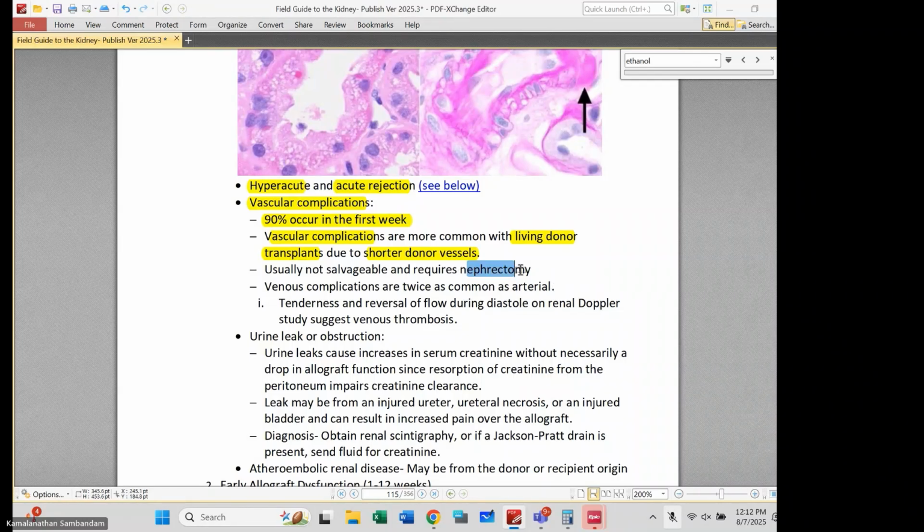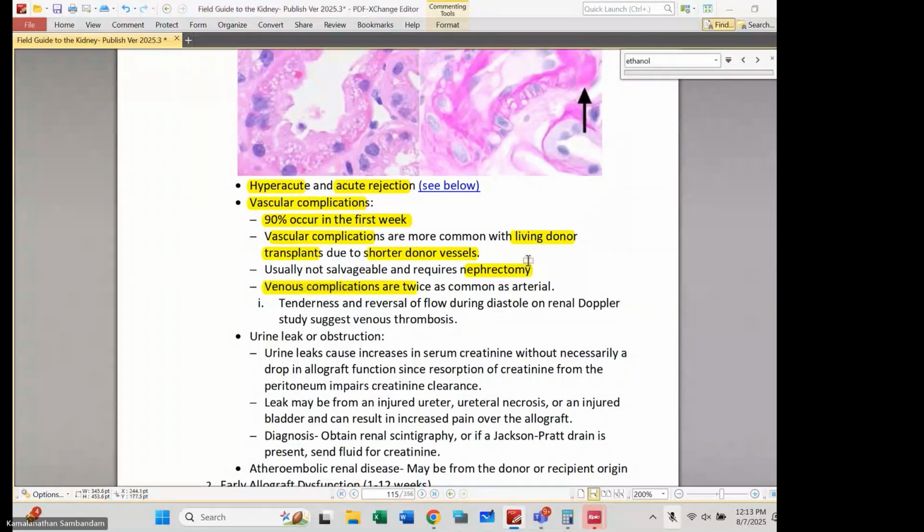Some of these are catastrophic and require nephrectomy when you have an acute venous thrombosis. We have a couple of examples of salvaging a kidney in that context, but these are really quite severe complications. And that's why, again, immediate re-exploration is possibly a right maneuver given the catastrophic complication of losing a kidney.